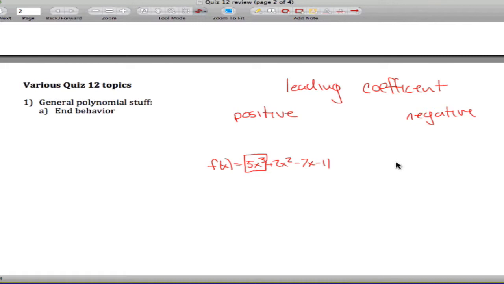But it could also be a negative number, like negative 11x to the 5th power plus 7x to the 4th minus 2x plus 6. Negative leading coefficient, positive leading coefficient. The other thing you have to look at is the degree of the polynomial.